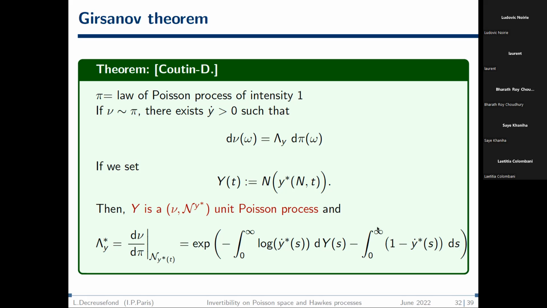It's a little more difficult than the Girsanov theorem for Brownian motion because you have to take care of the fact that you change the filtration, and that complicates the computation.